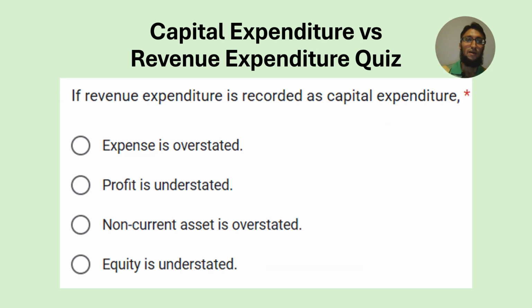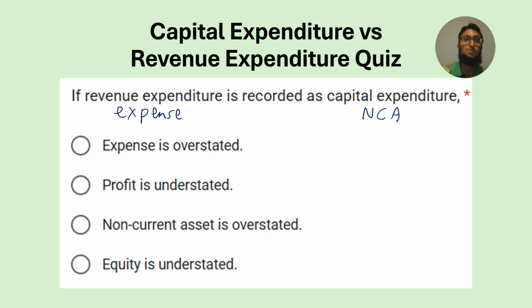Next question. If revenue expenditure is recorded as capital expenditure, there will be some effect on the accounts as well as the elements involved. Let's rephrase this into if an expense is recorded as a non-current asset. Basically, the expense is not recorded.